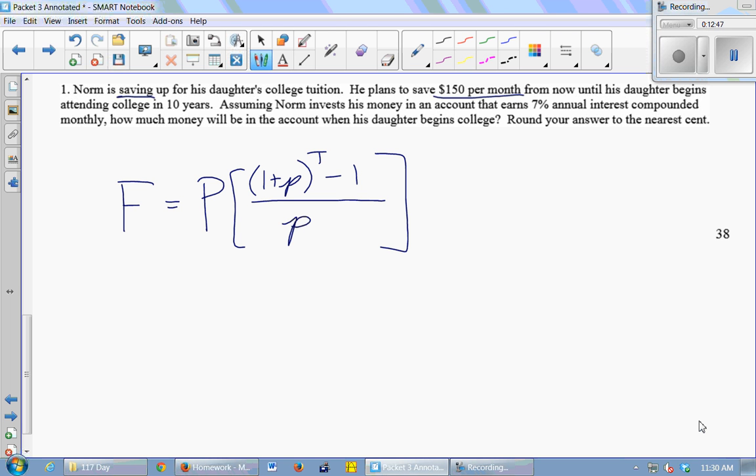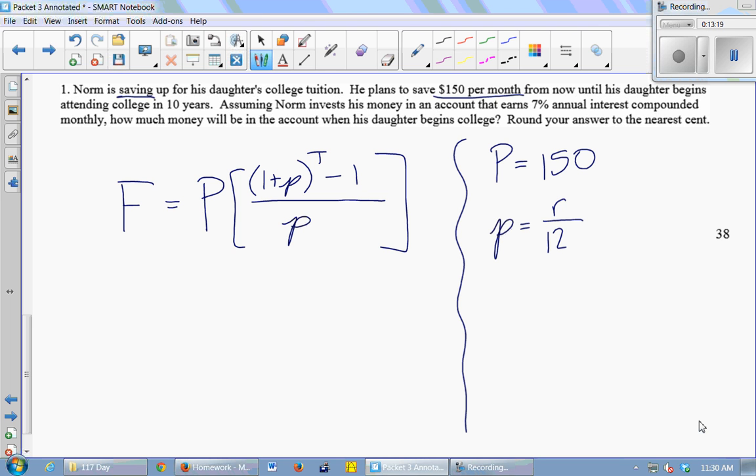Let's fill in what I know along the side here. P is the amount of money that you're depositing regularly, so this is $150. Little p is called your periodic interest rate, and it's your annual interest rate divided by the number of times you compound, or the number of times you make this deposit. So how many times per year am I depositing $150? 12.